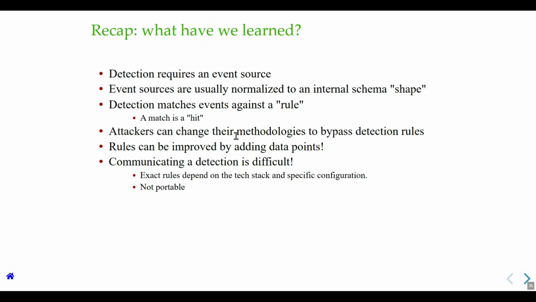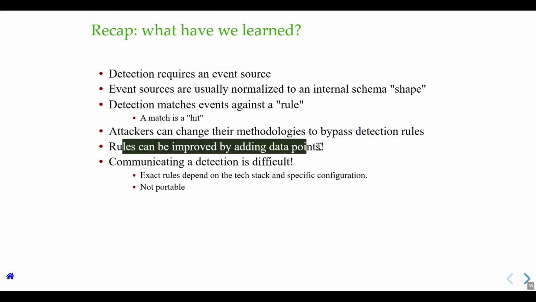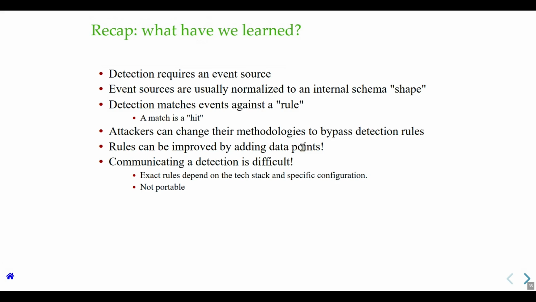So simple rules can still help a lot because they catch the simple attackers. But more sophisticated attackers are thinking about how our detection rules work, and they are adapting to bypass them. Right? So one way that we can improve our detection is by adding more information, more context, because that gives us more of an idea of what is really happening in there.